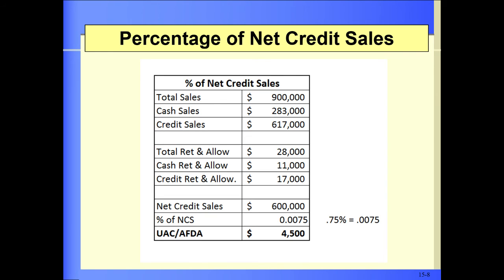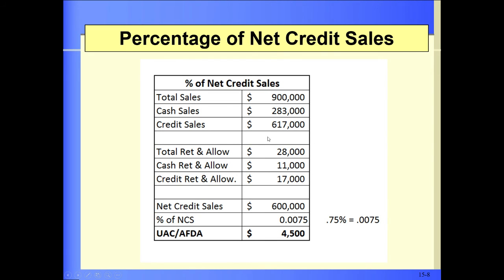Now, sales is one of those accounts that we do not reduce the value in the actual account. We use a contra account called returns and allowances. It has the opposite debit and credit setup of the sales account. So instead of reducing the sales, we add an amount to returns and allowances.